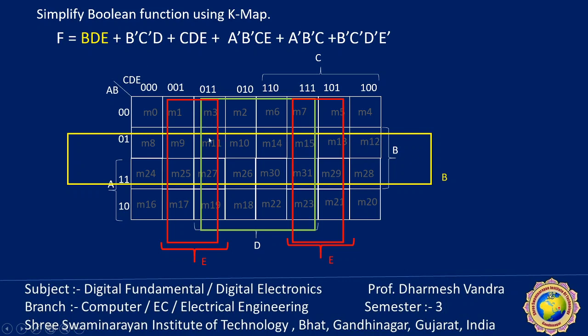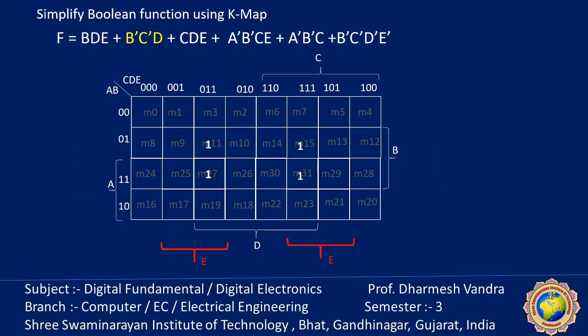B is the yellow rectangle, D is the green square, and E is the red rectangle. All these rectangles have in common M11, M27, M15, and M31. In this way, we found that these four minterms are part of this function f.